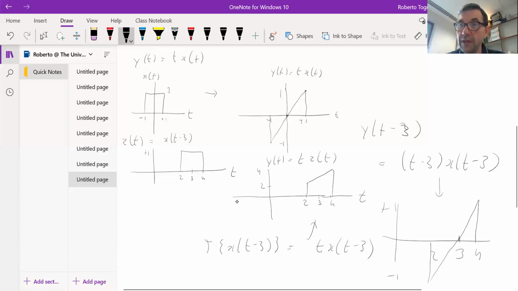Because it's time varying, you get that. So this is that. So that makes sense. 2 minus 3 is -1. 2 minus 3 is -1. -1 was 1. 1 times -1, you get -1. In fact, this is the same calculation as that because once you plug in 2, 3, 4, you're effectively getting -1, 0, 1, the same effect.